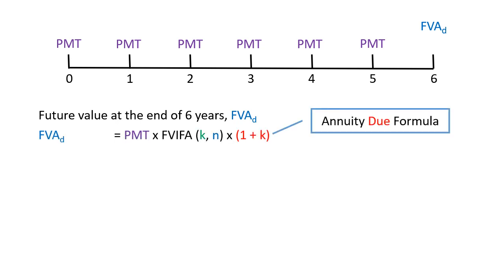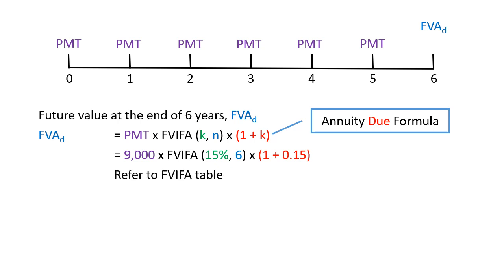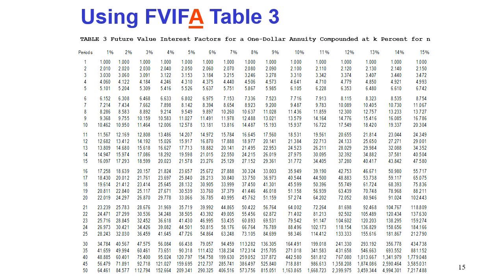This is the formula for annuity due. Take note, there's a difference here: it has an additional bracket, 1 plus K. Substitute the figures in. Refer to the table. Make sure you get the correct table.